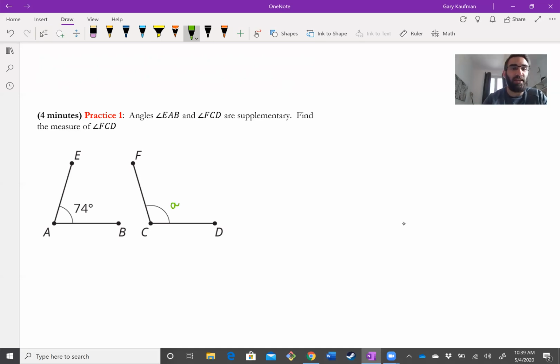So here, this is, say, A. We are told they're supplementary, so the two of them add up to 180 degrees. So A is 106 degrees after I subtract that 74. So this angle measures 106 degrees because they're supplementary and they add up to 180.